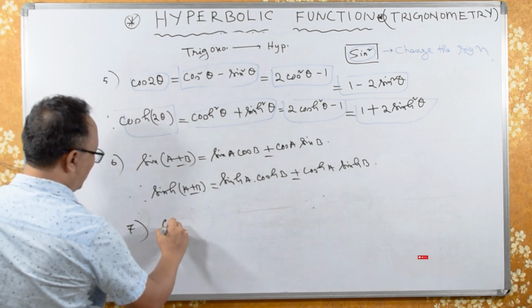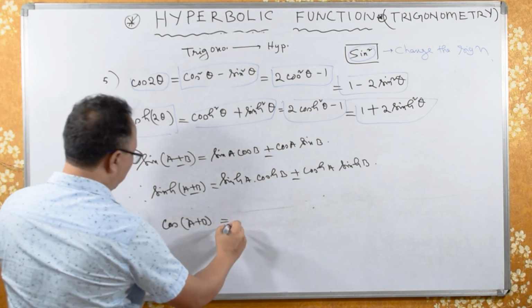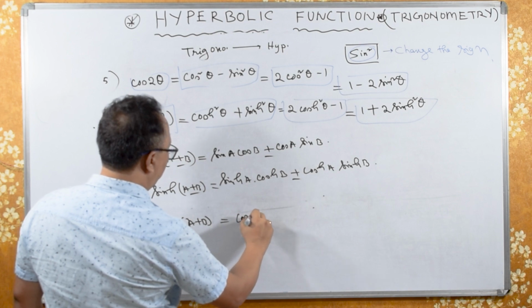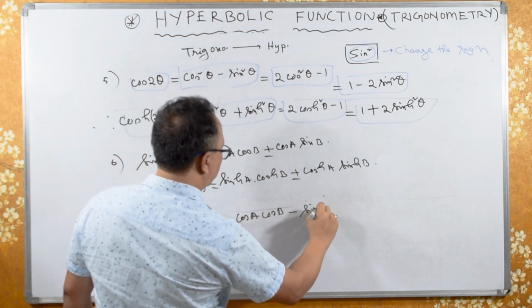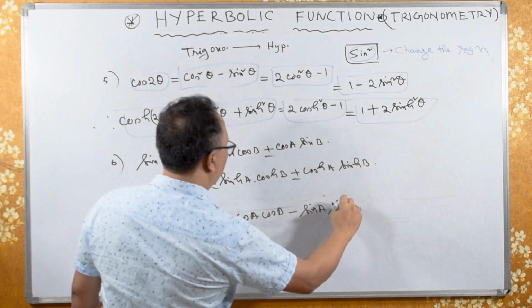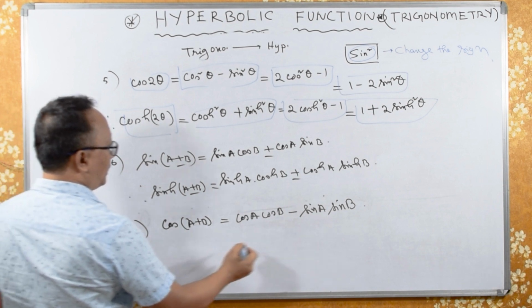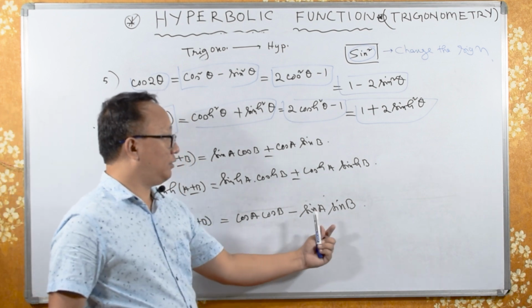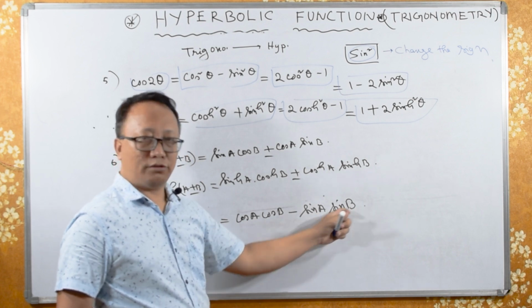Similarly for cos, cos of a plus b is cos a cos b minus sine a sine b. Here sine a and b are different, you cannot combine these, they are two different angles.